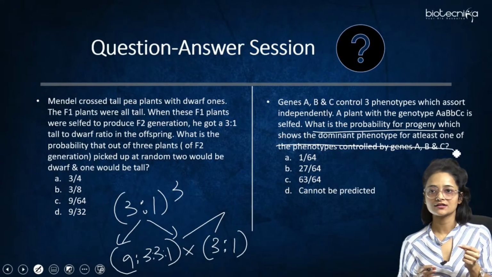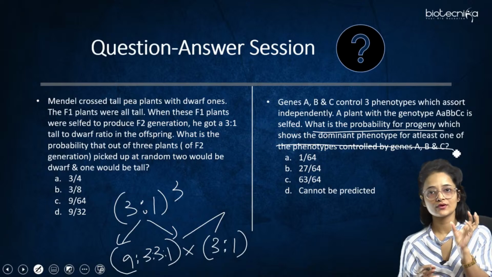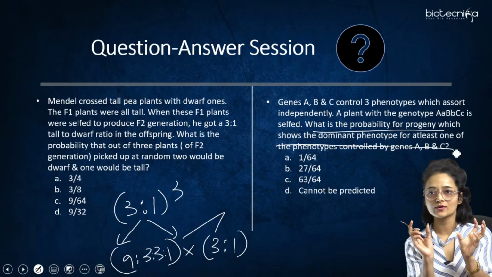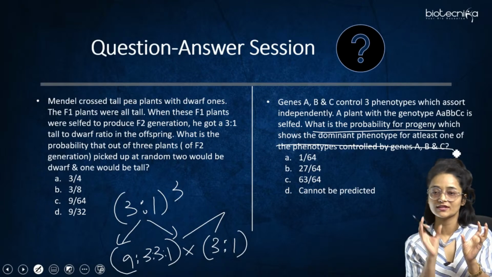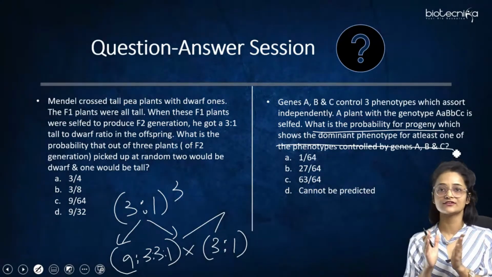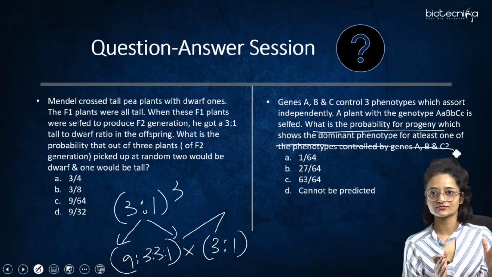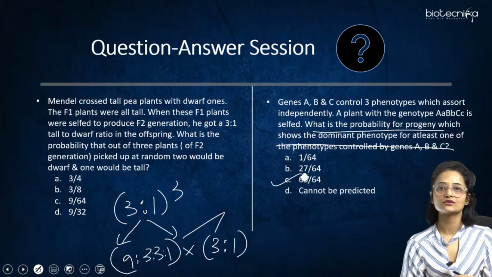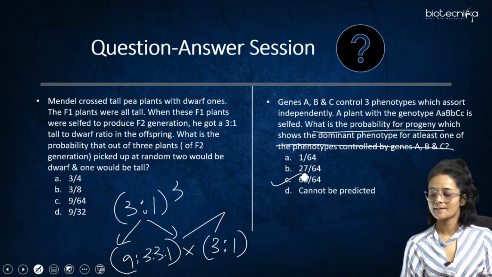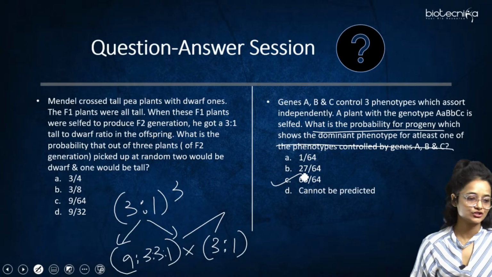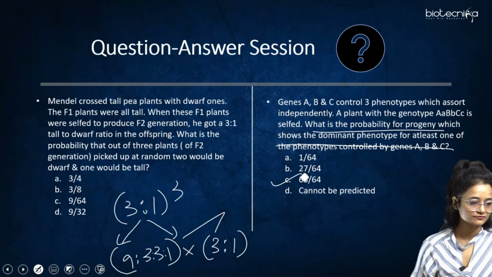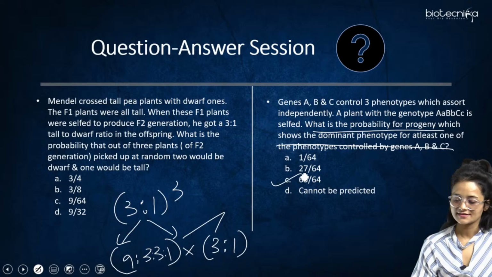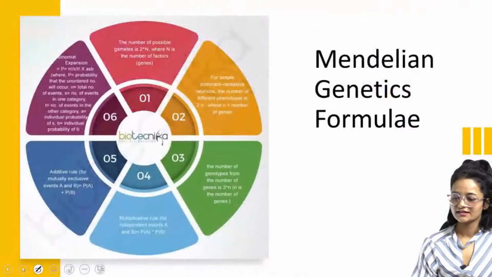One should be dominant. So the rest would all be showing dominance. Only one would be in homozygous recessive form. That is the only thing you need to subtract. Then the answer would be 63/64. Yes? So till here, have you understood?